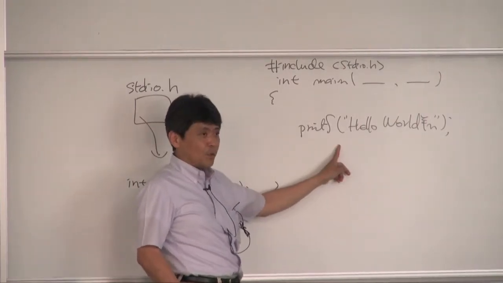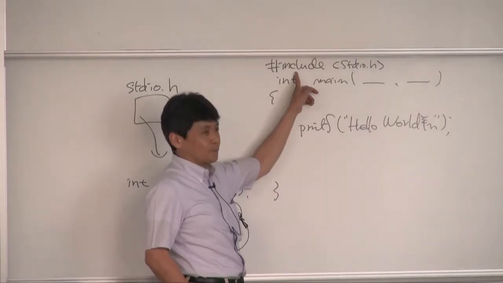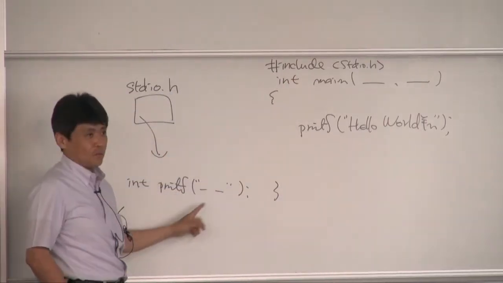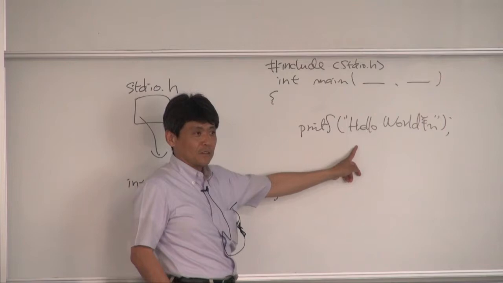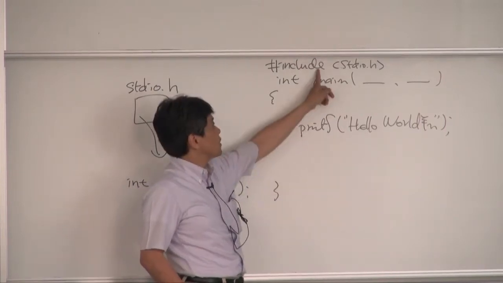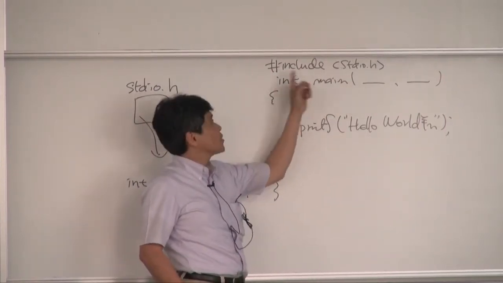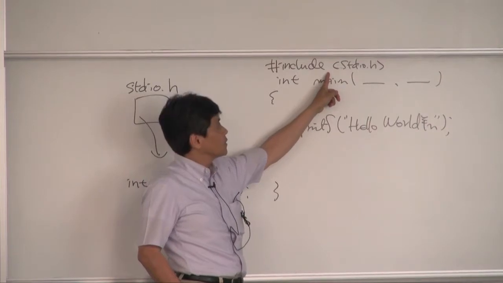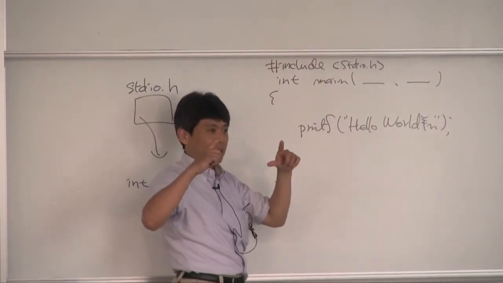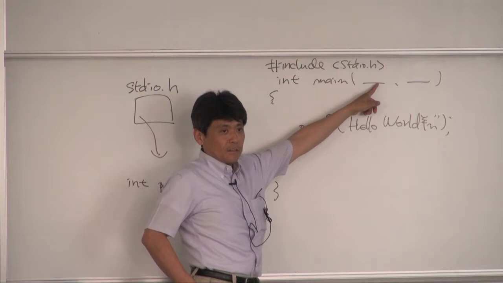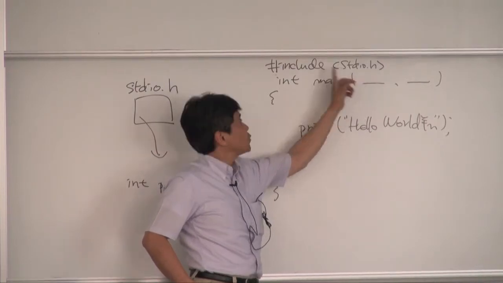However, you have to include the prototype definition for this function by specifying this line, sharp include, bracket, standard IO header.